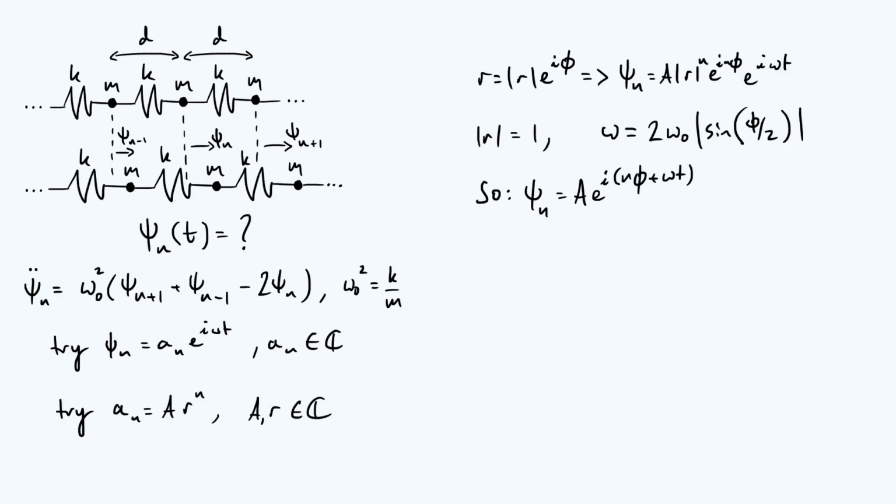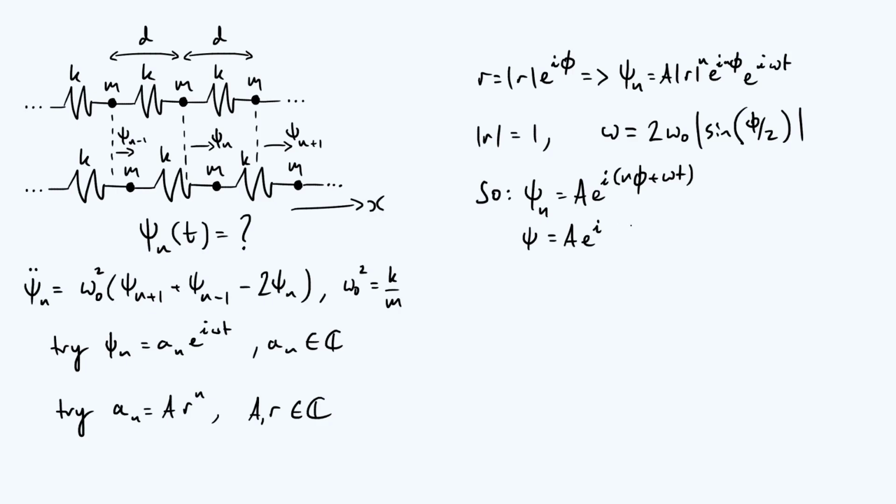Now if we introduce an x coordinate such that x just runs from left to right, it doesn't really matter where the origin is, then we can write that displacement in terms of x instead of in terms of n. If we drop the subscript n, we can say psi is A e to the i.